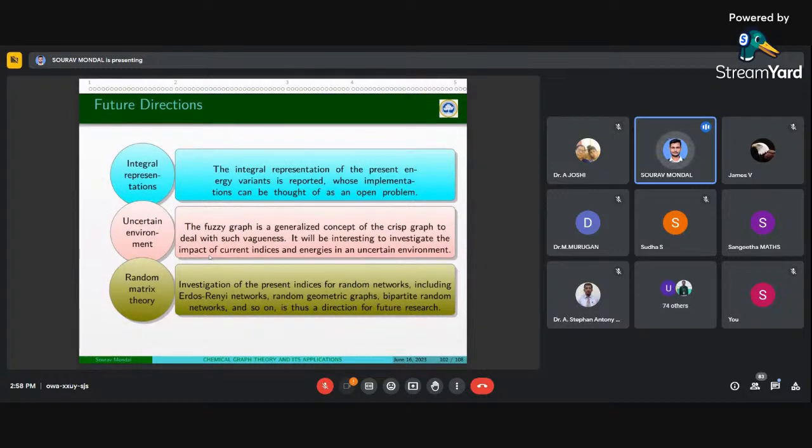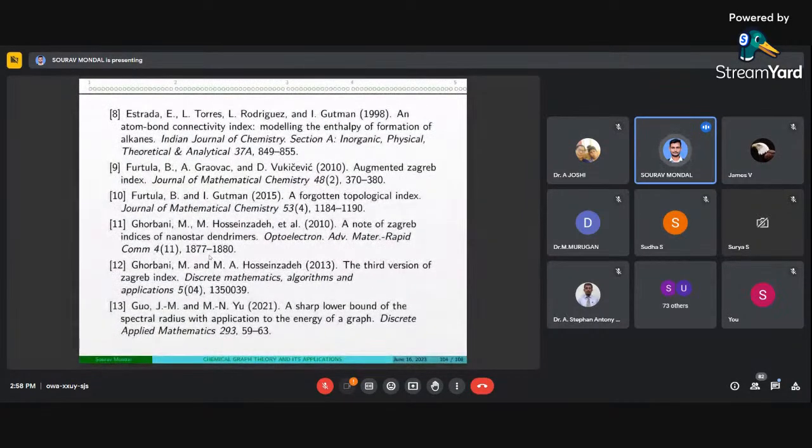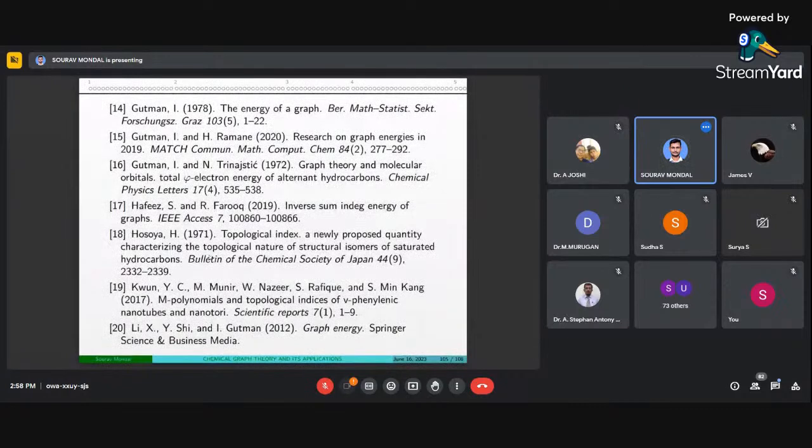The investigation of the present indices for random networks, including Erdős-Rényi networks, random geometric graphs, bipartite random networks, and so on, is thus a direction for future work. These are some important references in the field of chemical graph theory and its applications.